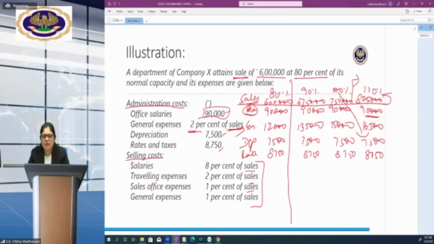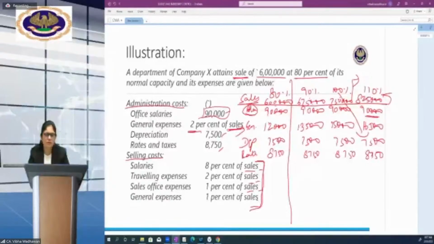Clear? So these are the administration costs. Selling cost, everything is variable: 8% of sales. You know the sales at all the 4 levels: 6 lakh, 6,75,000, 7,50,000 and 8,25,000. You know the sales at all the 4 levels, so calculate the percent. So 8% of sales, 2% of sales, 1% of sales, and again 1% of sales.